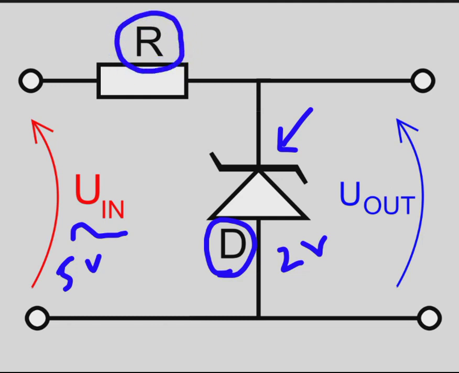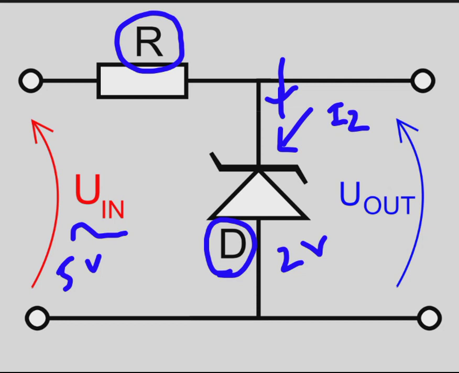You need to refer to the data sheet, where you can see one more parameter called IZ. Remember, IZ is the current flowing through the diode when it gets to breakdown, when it turns on.